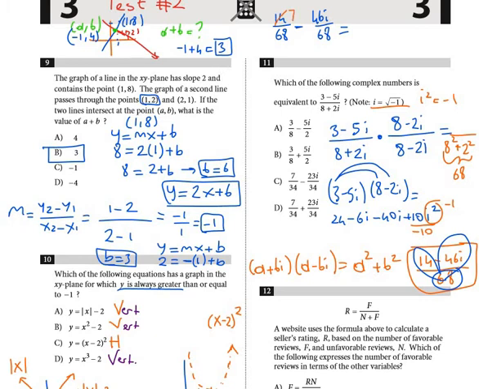Divide by 2: 7, divide by 2: 34, divide by 2: 23i, divide by 2: 34. So we obtain 7 over 34 minus 23i over 34 as our final answer. So it's going to be this.